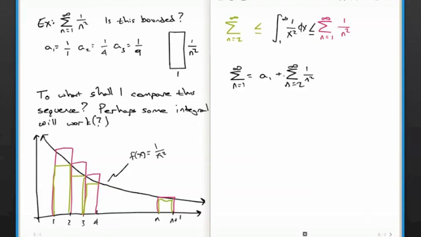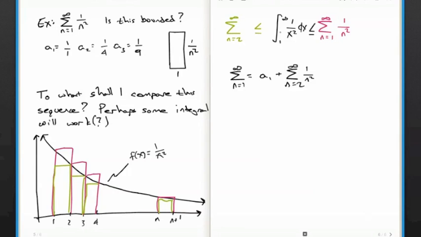So if I can show that this converges, then I just have to add one finite number to it, and so that is still one finite number. A finite number plus a finite number is some finite number. So it's good enough for me to say that this converges. So it's good enough to compare this sum to this integral.